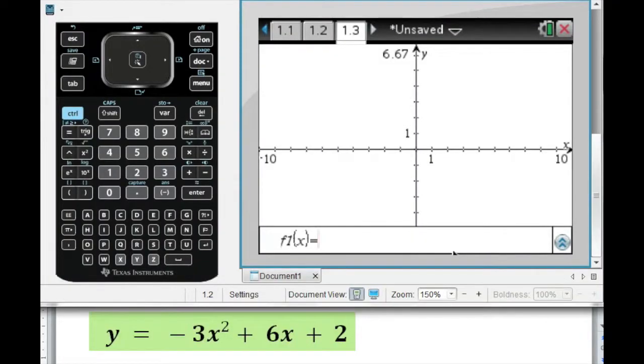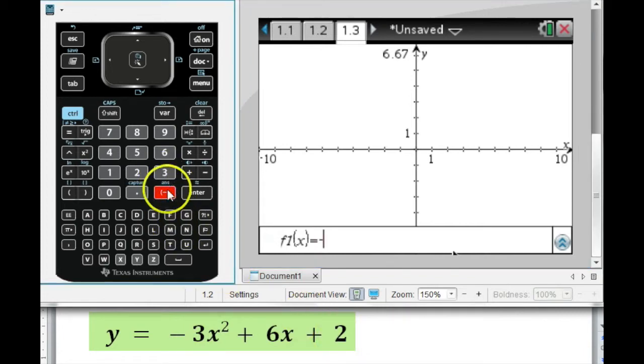Right now we're going to be looking at trying to graph this equation. I've got it down here, the one in green. We're going to graph that equation, and we're going to try to find the vertex of it. This is using the TI-Nspire, so this only works for the Nspire, but here's our equation down here, and what we want to do is go ahead and type that one in. And so I'll do that now. I'm just going to write negative. Remember, this is your negative sign.